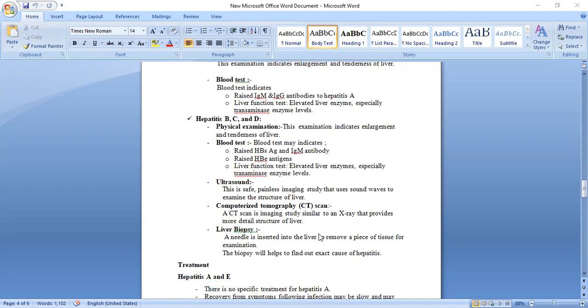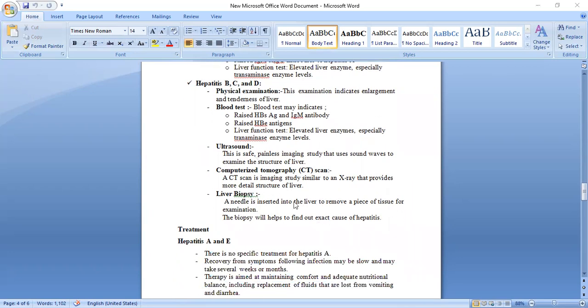By checking that piece we can understand which type of inflammation is there. Okay, this is all about the diagnosis.